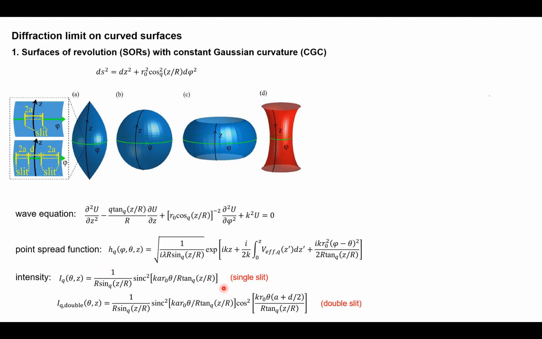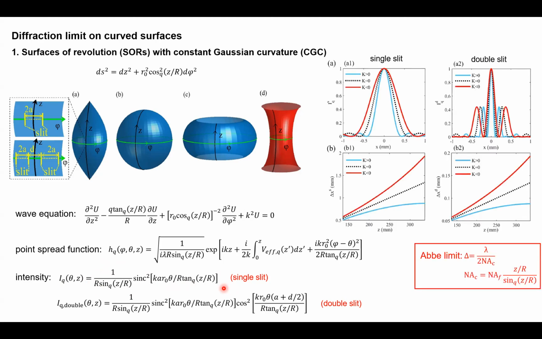Okay, next we can see the diffraction intensity distribution on the surface. This figure shows the Fraunhofer diffraction distribution with different curvatures. The black dashed lines represent the distribution in a flat space.